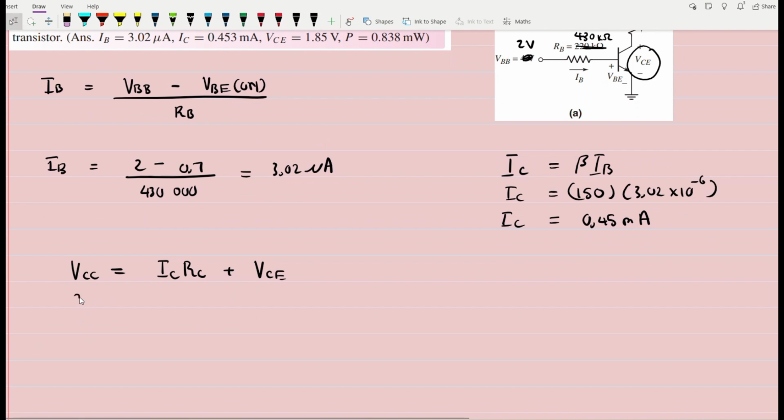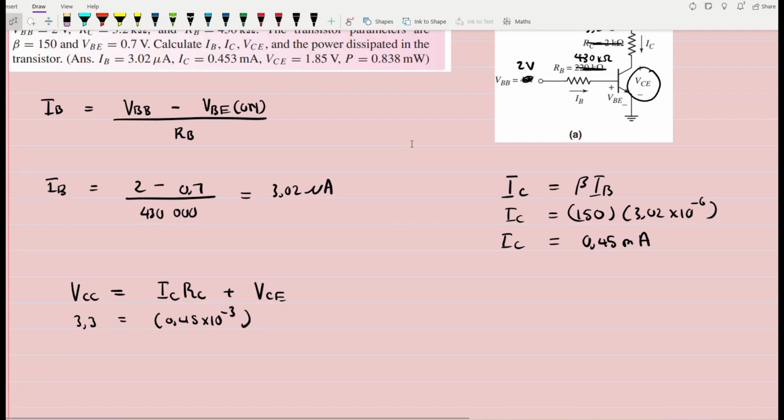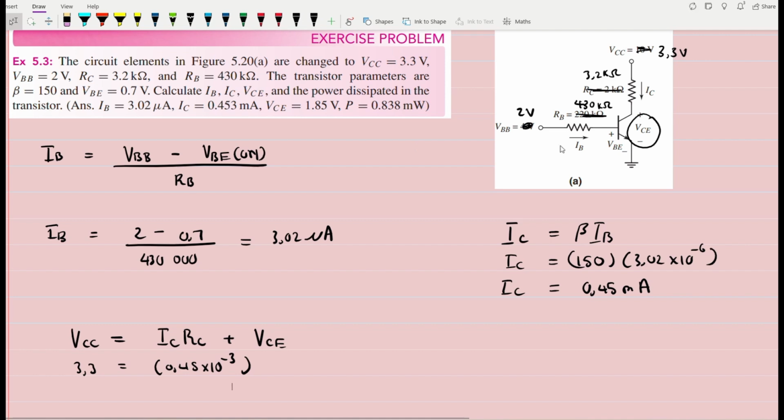So 3.3 is equal to 0.45 multiplied by 10 to the power of -3, multiplied by RC, which is 3.2k, so 3.2 multiplied by 10 to the power of 3, plus VCE.